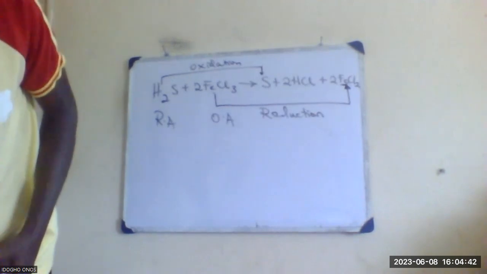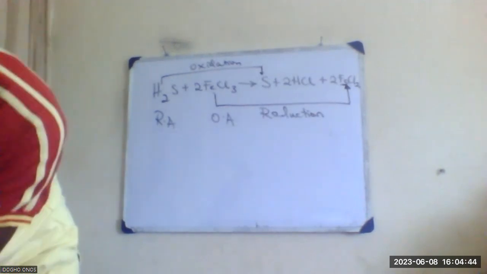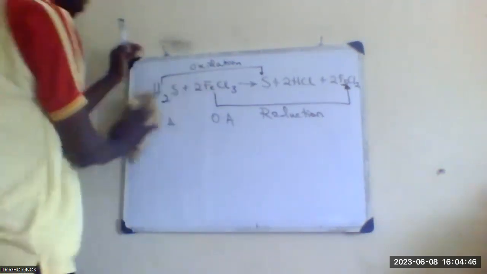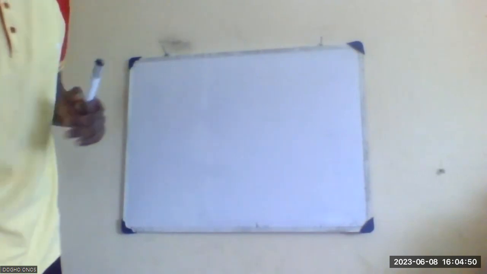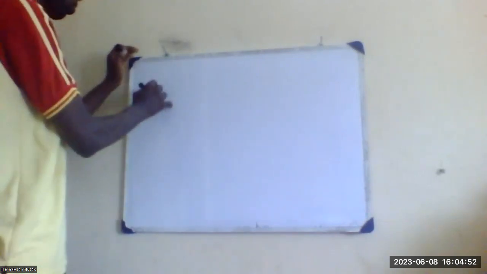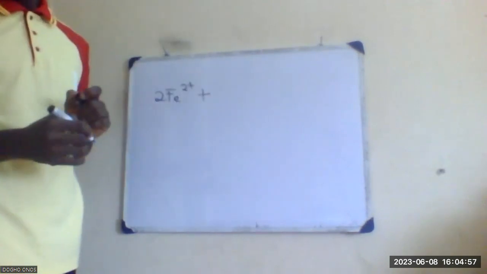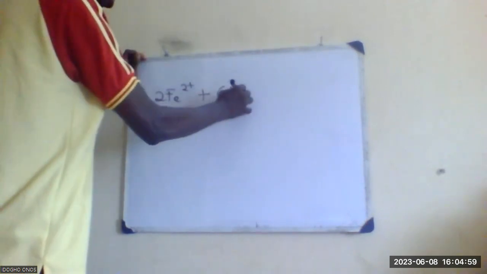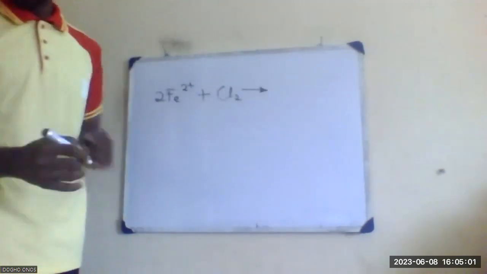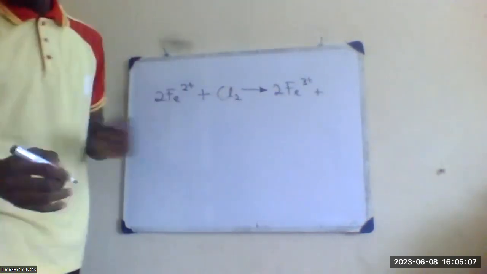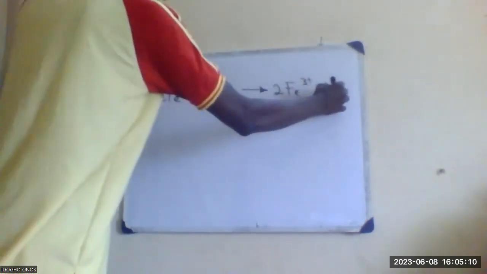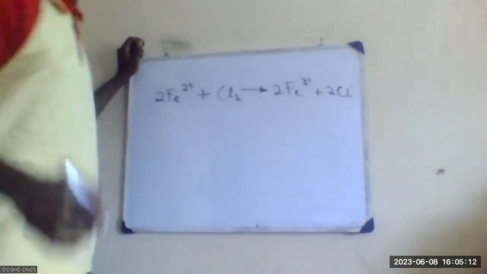No, from my end. So, because we are looking at the third definition of redox reaction in terms of oxidation number, let us look at this equation: 2Fe2+ + Cl2 gives 2Fe3+ + 2Cl-.